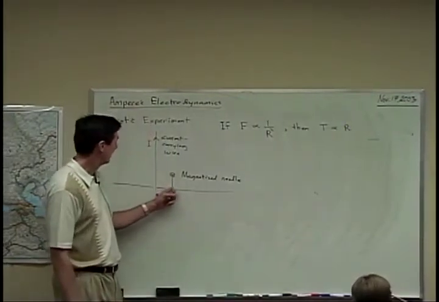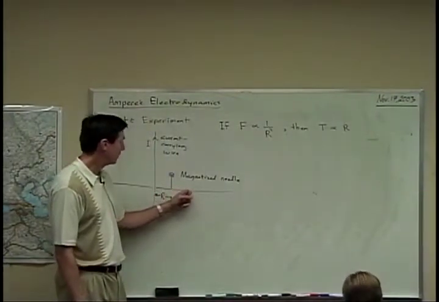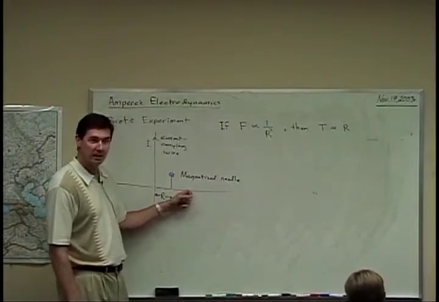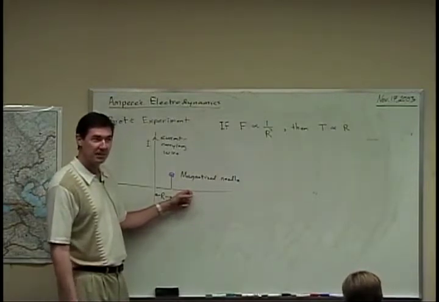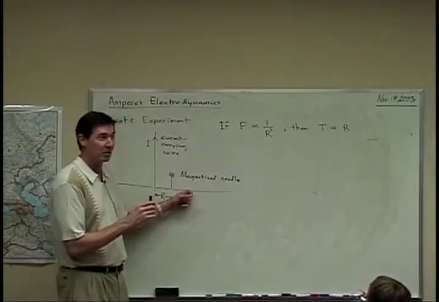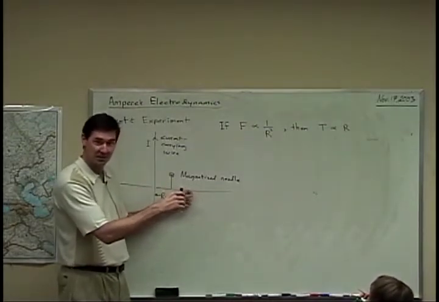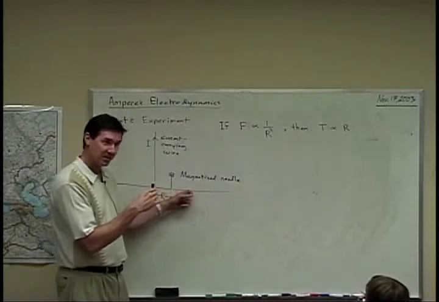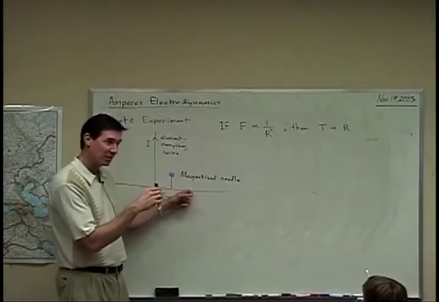Now, if he moves it further away, it's going to swing slower, right? Because the force is obviously going to go down as you increase the distance, which will cause it to swing more slowly.